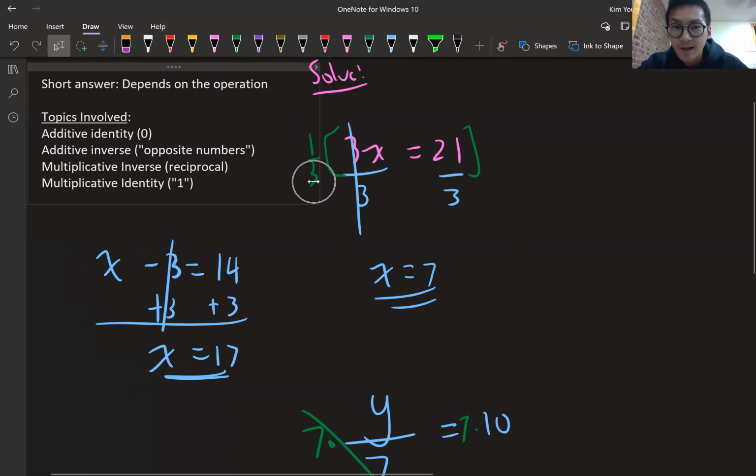Another way people say this is the reciprocal. That gives you this thing called 1, the multiplicative identity, and when you multiply anything by it, it should leave it unchanged. So that's what this 1 means. Cool.